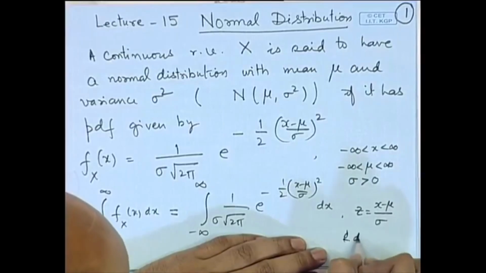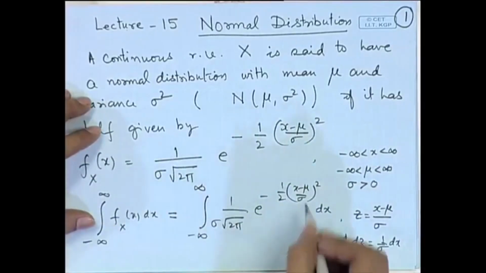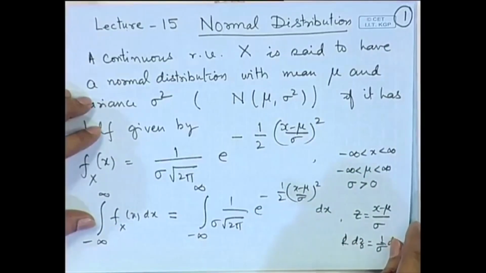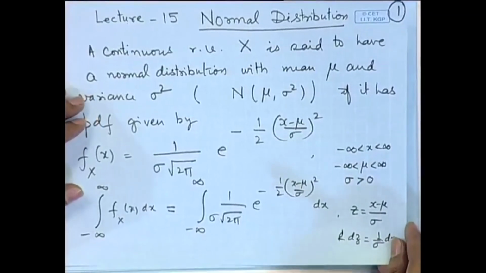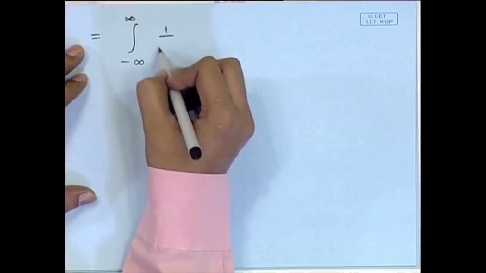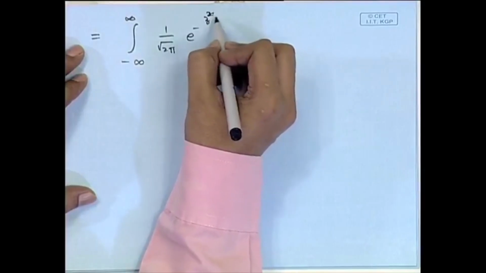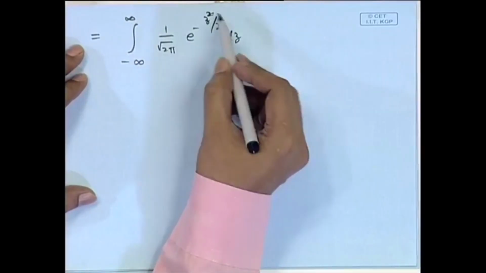So, dz will become equal to 1 by sigma dx. This is a one to one transformation over the range of the variable x. Therefore, this integral reduces to the integral from minus infinity to infinity of 1 by root 2 pi e to the power minus z square by 2 dz.